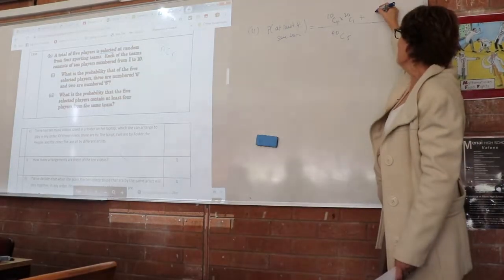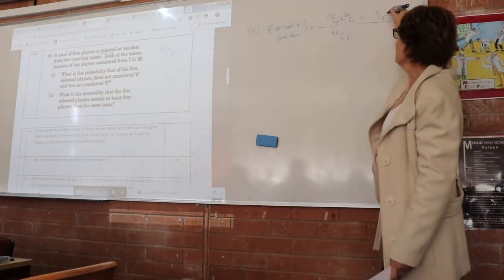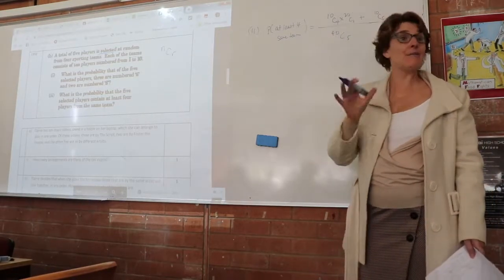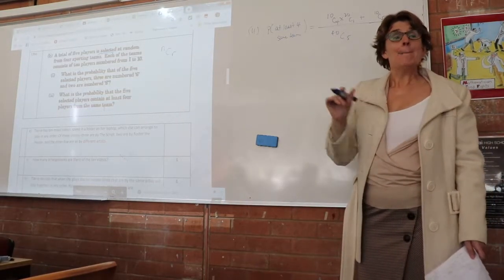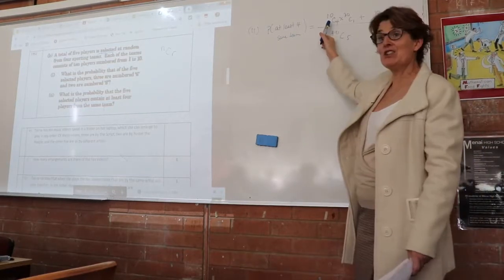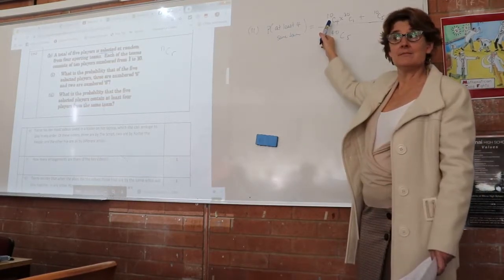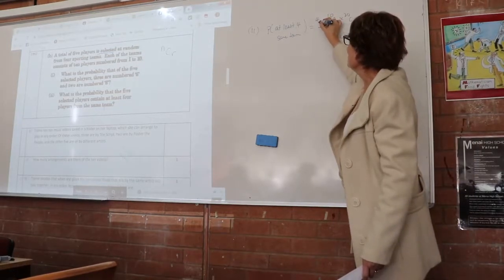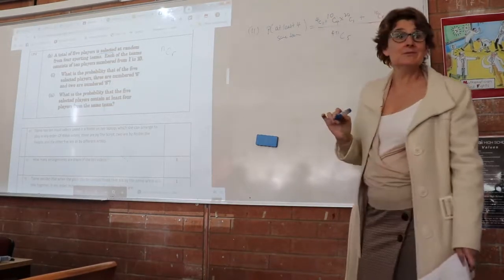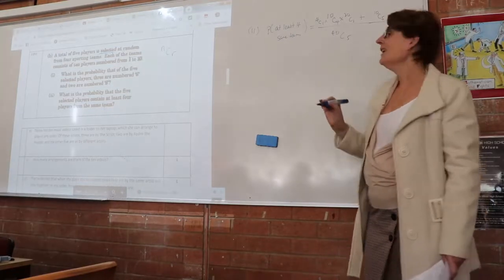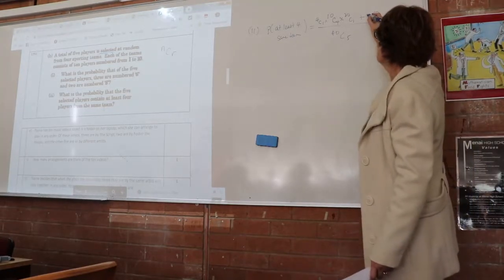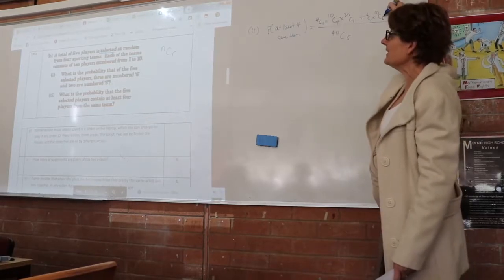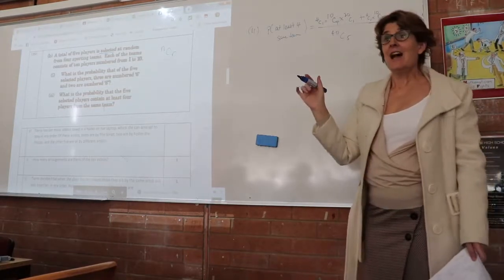I could have all 5 from the same team of 10 and none from the remaining 30. But which team have I chosen from? So there are, I've got to choose 1 team from a possible 4. And the same here. I don't know which team. So say the teams were coloured, right?